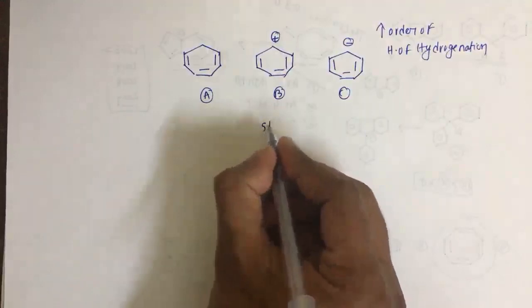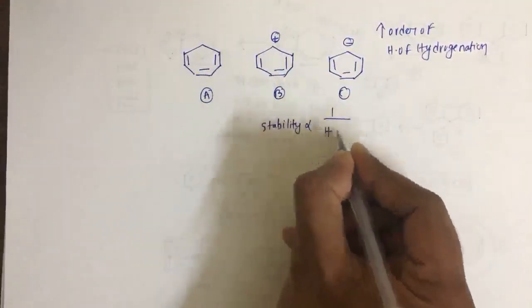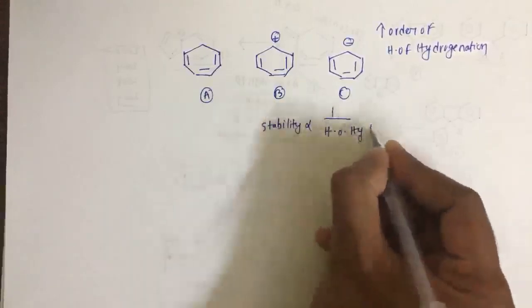So we know that stability is inversely proportional to heat of hydrogenation.